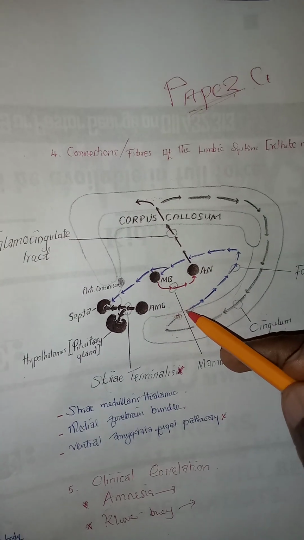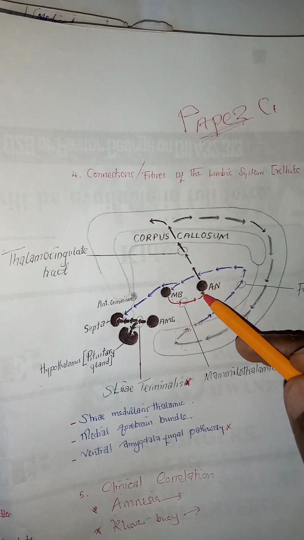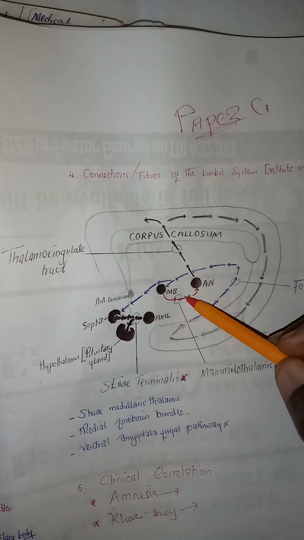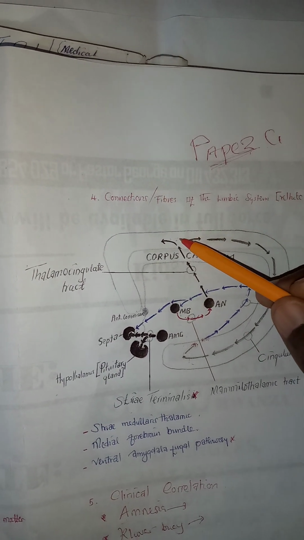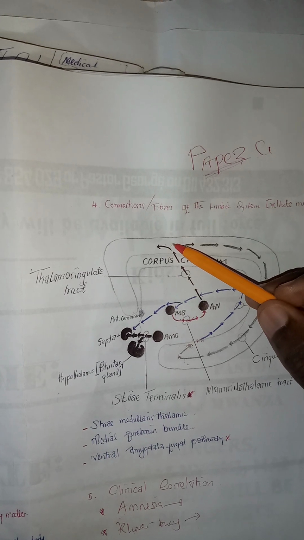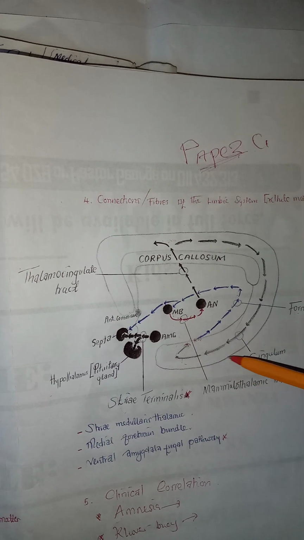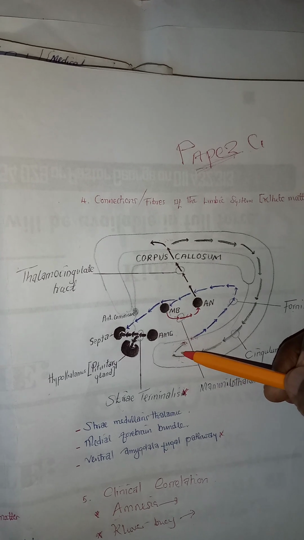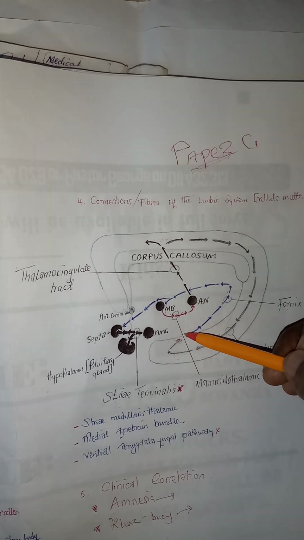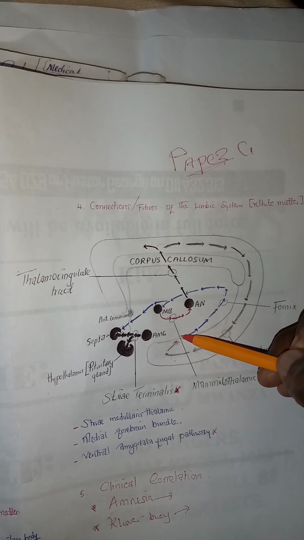Hippocampus to the mammillary body via the fornix, from the mammillary body to the anterior nucleus of thalamus via the mammillothalamic tract, from the anterior nucleus of thalamus to the cingulate gyrus via the thalamo-cingulate tract, from the cingulate gyrus back to the entorhinal cortex via the cingulum, and from the entorhinal cortex finally back to the hippocampus, which is the part responsible for recent memory.